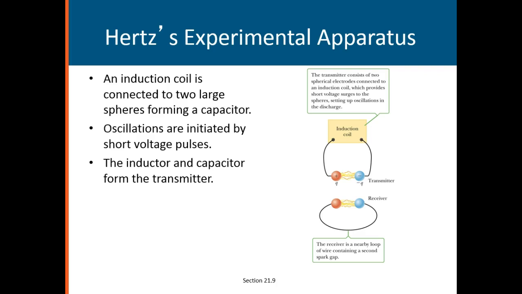You have a receiver here with absolutely no power supply. It has two capacitors here that respond to what they sense here, and the receiver is a nearby loop of wire containing a second spark gap. Okay? And that's your receiver.